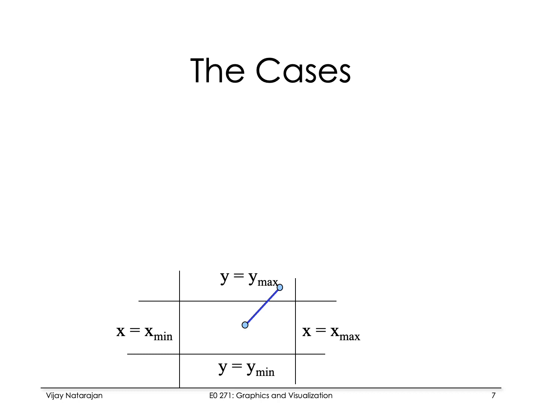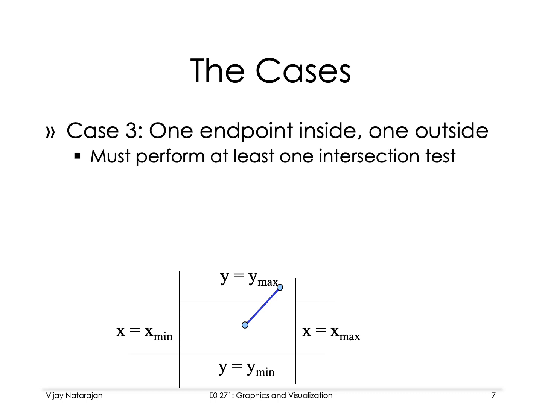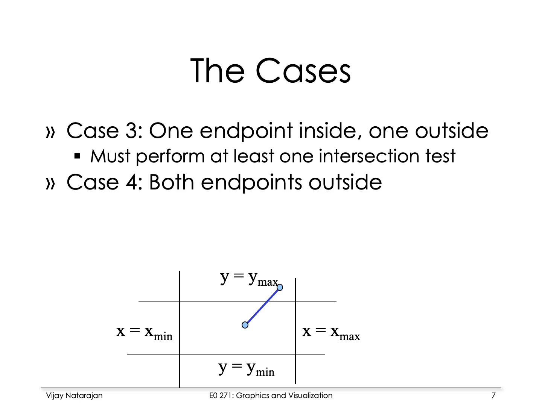The third case is where one of the endpoints lies inside and the other lies outside one of the bounding lines, right? So in this case, we cannot avoid an intersection test. So that's what we do. The fourth case is where both endpoints lie outside.